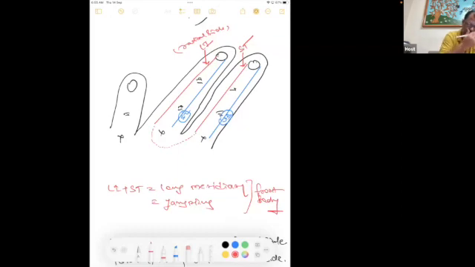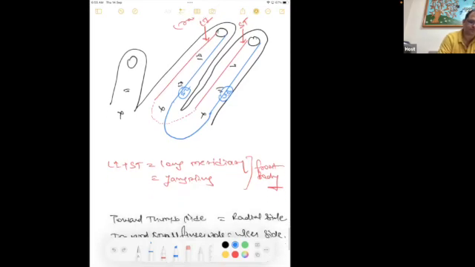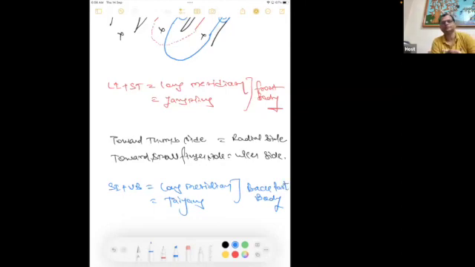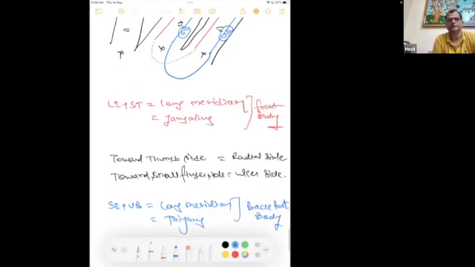So SI plus UB, if we draw the imaginary line between SI and UB, SI and UB together are again a long meridian, or we are telling them Tai Yang. They are supplying the back part of the body. Tai Yang.